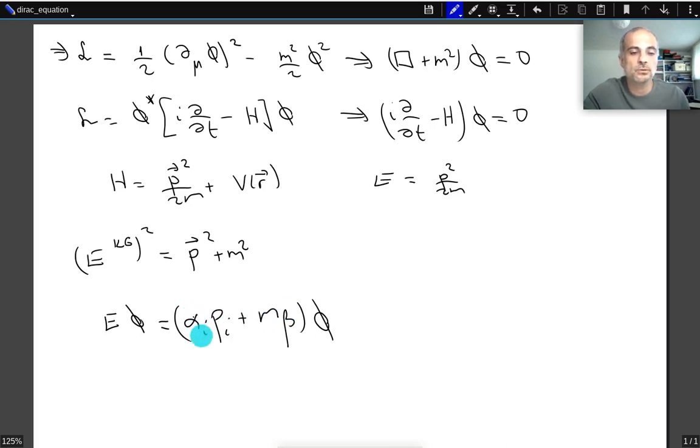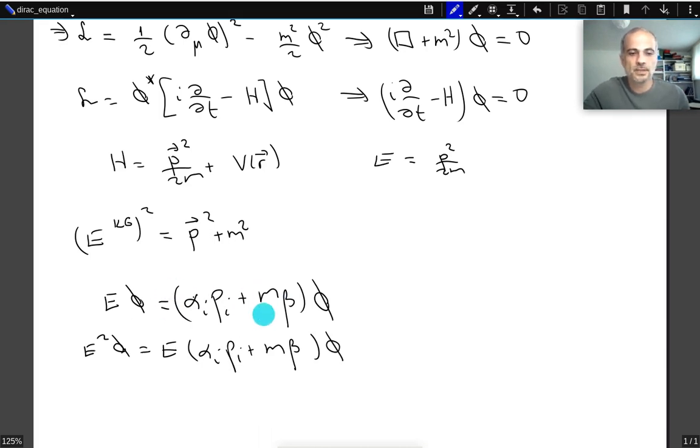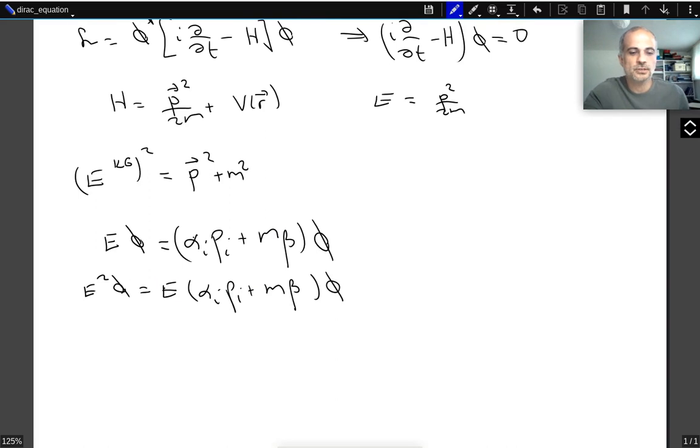For the time being, we don't know what these alpha i's and beta are. But if this is satisfied, we also want this equation to be consistent with the relativistic energy momentum relation. So let's look at what this equation tells us for E squared. So E squared phi is equal to E of (alpha i p i plus m beta) phi, where I used this equation once. But the energy operator is just a time derivative, whereas the momentum operator is a position derivative, and they just commute with each other.